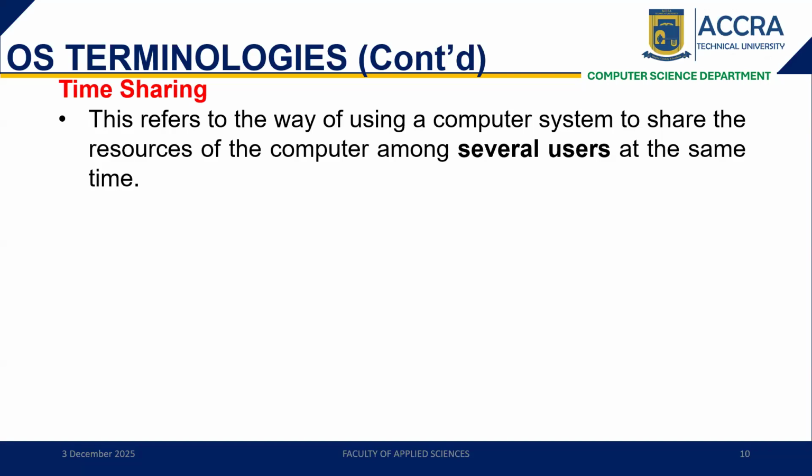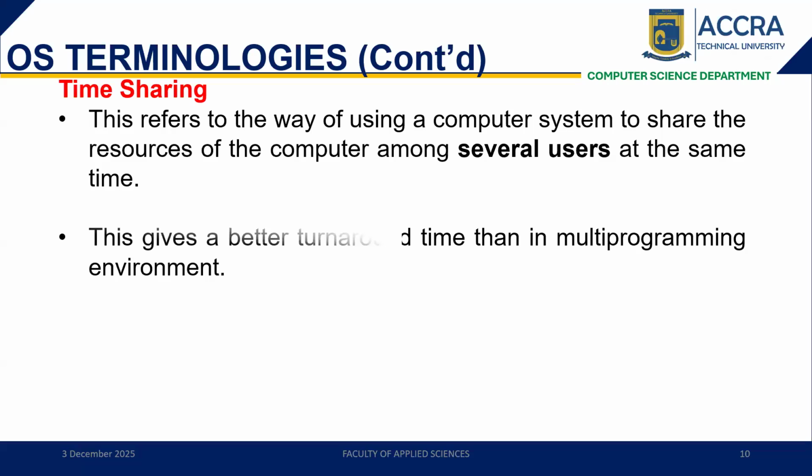An obvious example is a wireless network that has a particular access point. Everybody is trying to access that particular network by connecting to it. A lot of people are accessing, let's say, the ATU network, especially in networking. So several users at a time, and this gives a better turnaround time than a multi-programming environment.